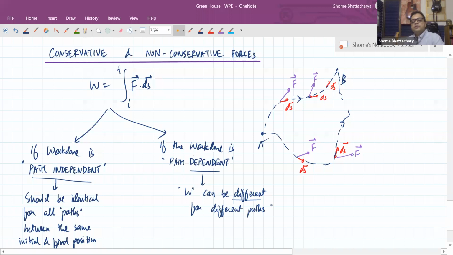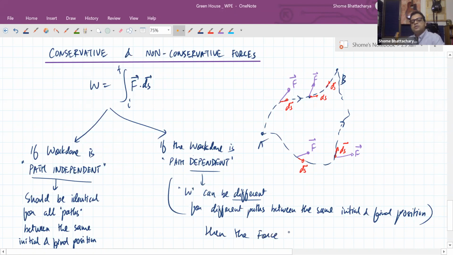Okay, obviously between the same initial and final position. So if the work is path dependent, then we say the force is non-conservative. Okay, we define it as non-conservative.